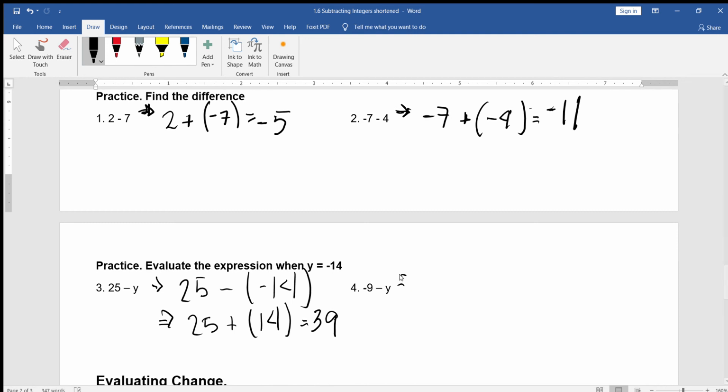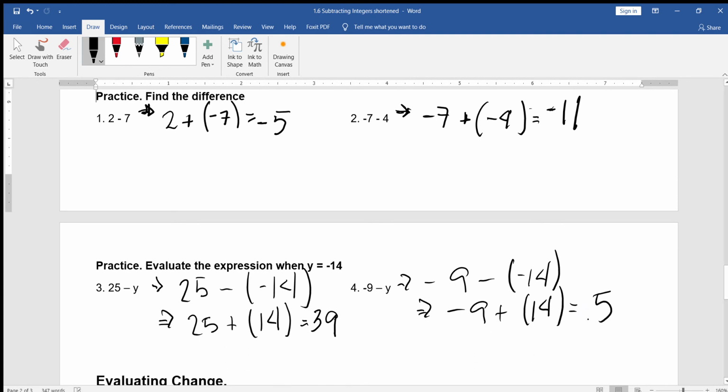Last part, negative 9 minus negative 14 tells us to change the problem. Negative 9 plus 14. Addition rule tells us since they have different sign, we subtract. 14 minus 9 is 5. And what is the sign of 5?